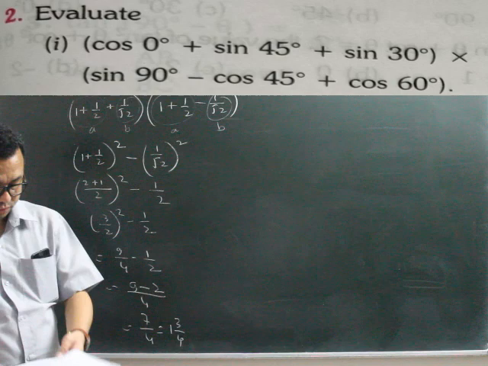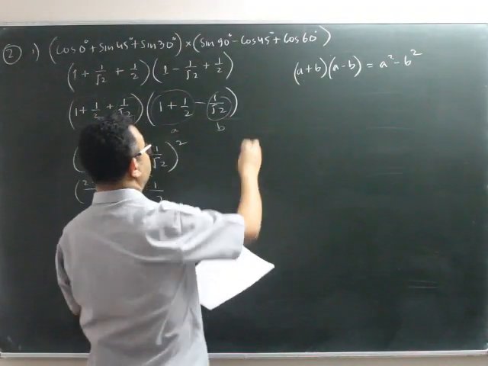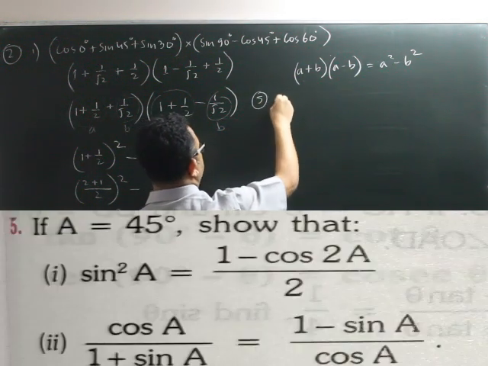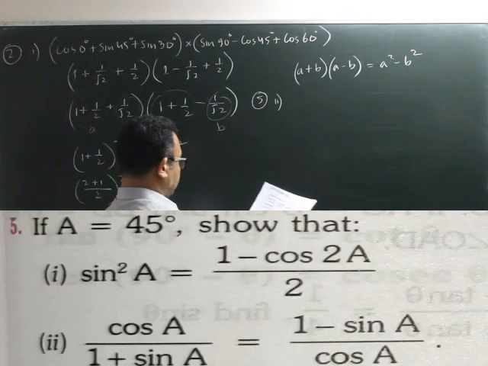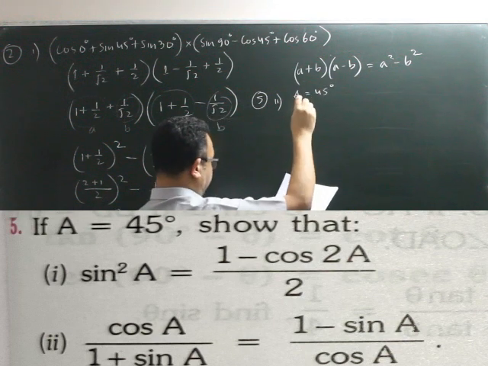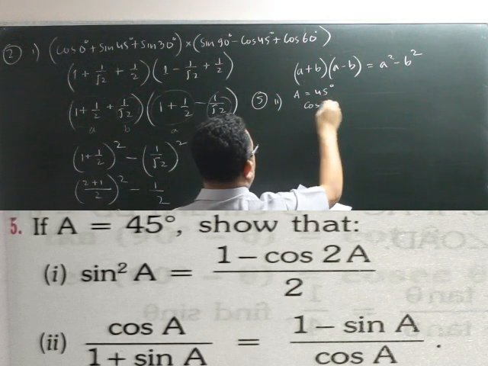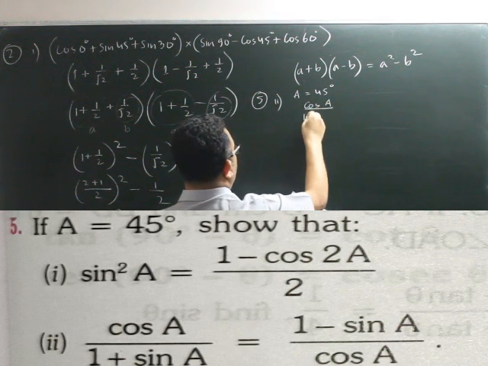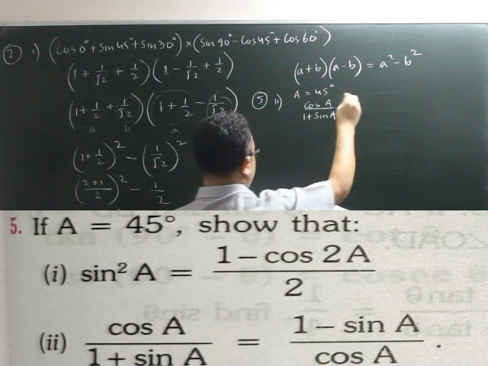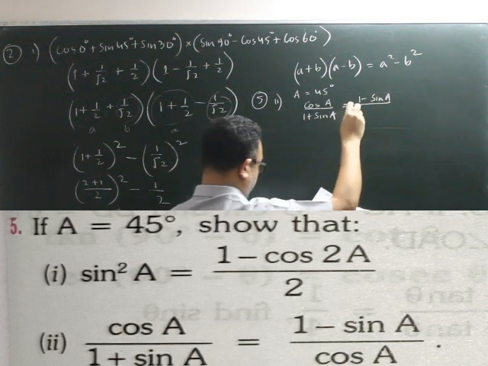Alright, now next question which somebody had pointed out is question number 5, 2, which is also difficult. So let me do that also. 5, 2. If a is 45 degree, then show that cos a over 1 plus sin a is equal to 1 minus sin a over cos a.